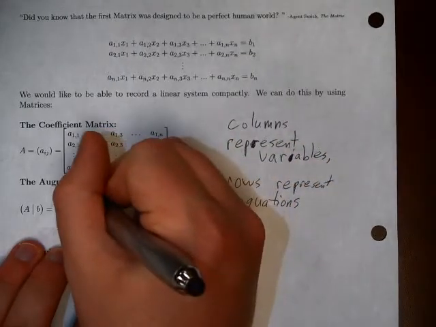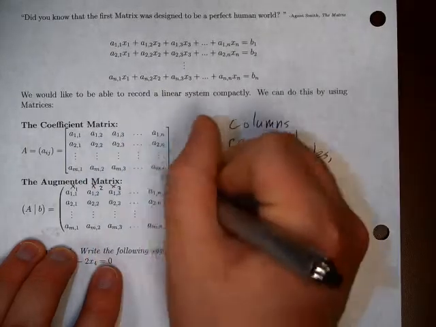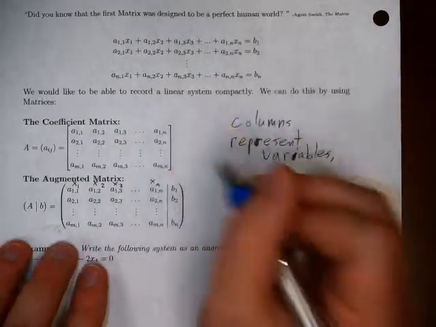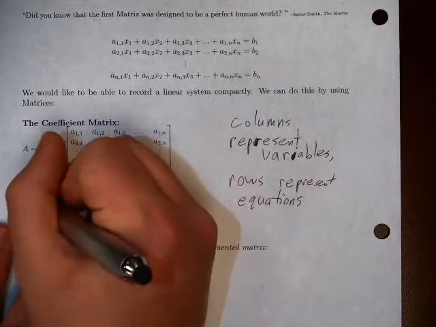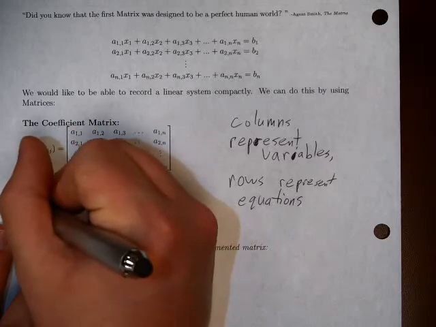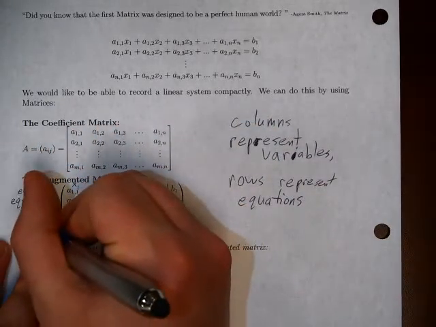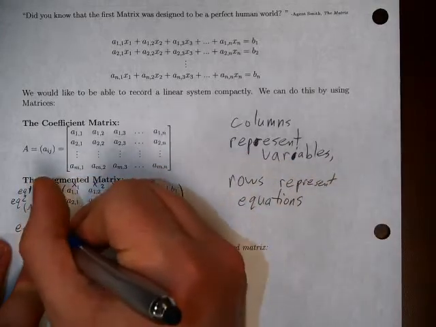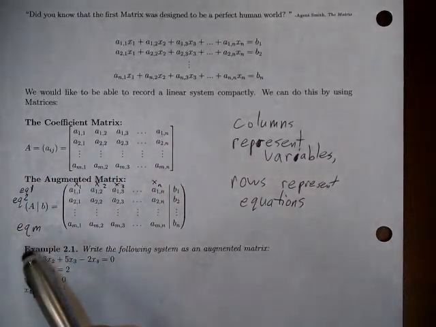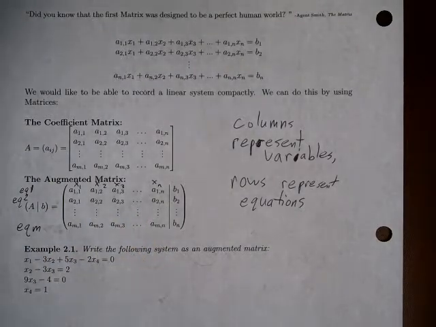So here, this could be the column for x1, for x2, for x3, all the way through xn. And when we're talking about our rows, these are the rows for equation 1 and equation 2, all the way through equation m. So note that we don't necessarily need to have the same number of rows as columns. Some of our nicer systems will look like that, but that will not always be the case.